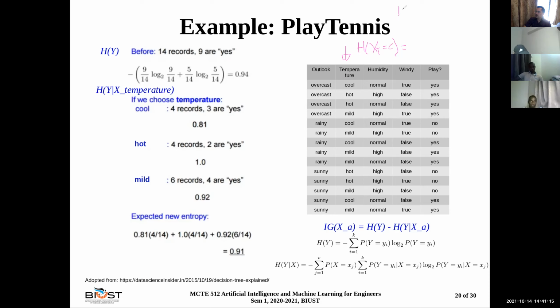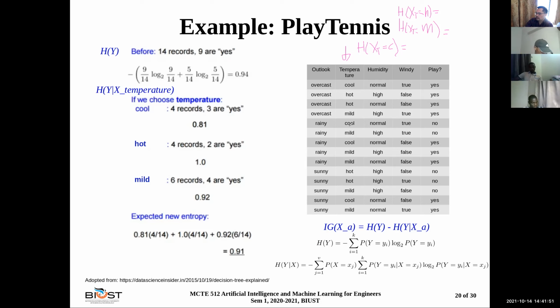And then you have H of attribute temperature equal to hot equals what? And H of X temperature equal to mild equals what? Do you understand? Anyway, let me calculate first.